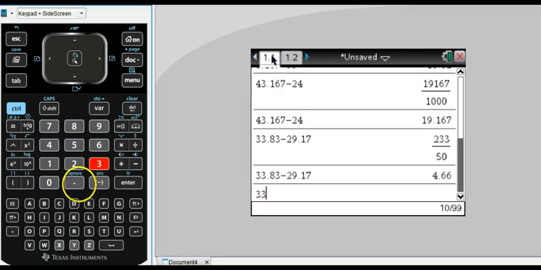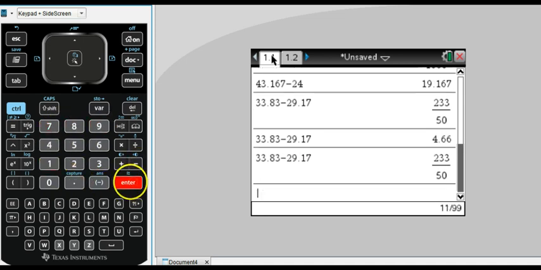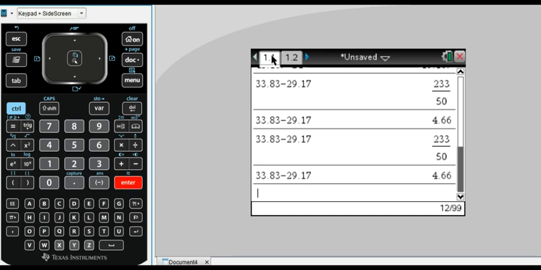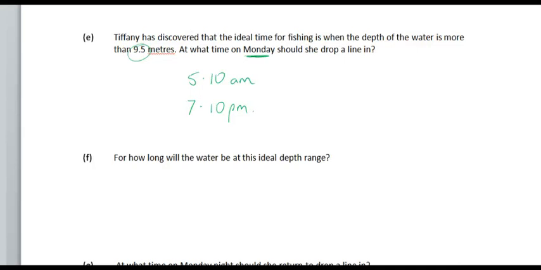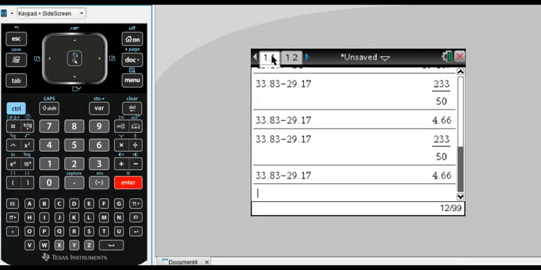So 33.83 minus 29.17, which is 4.66 hours. But again, we don't answer it as 4.66. If that's what you write, then you're not going to get the full answer. You need to be working out, well, what is 0.66 in terms of minutes?